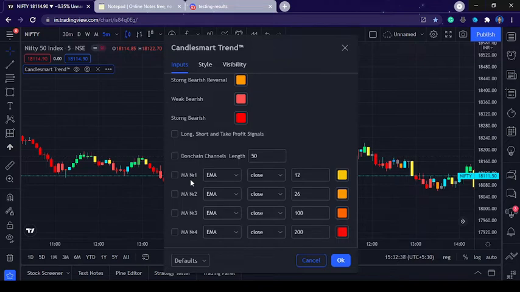I feel moving averages are not needed at present because we are entering at the lowest point of the trend, when the trend starts, and we are exiting when the trend fails. That's the reason. Since we don't do much more analysis, we are only relying on indicators.